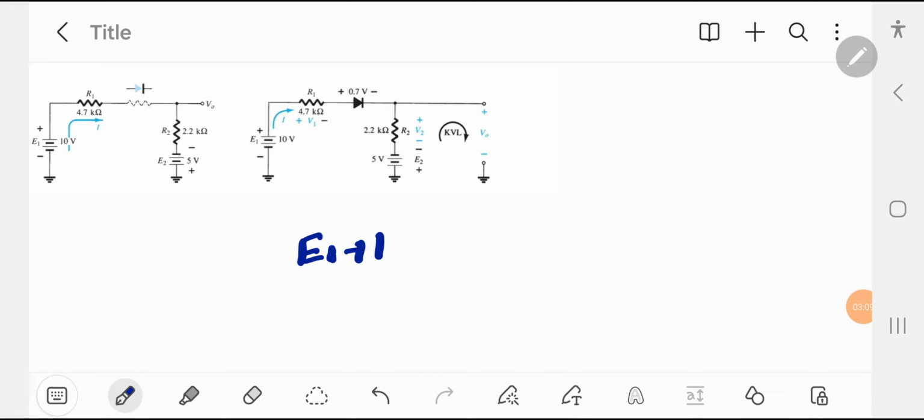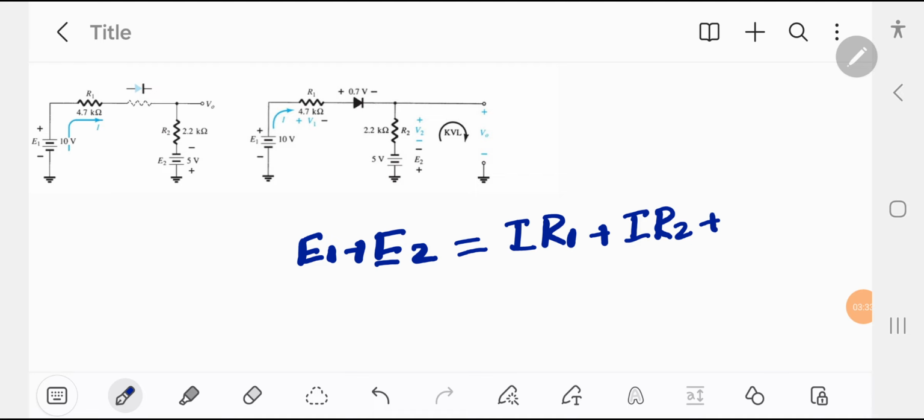So if we apply Kirchhoff voltage law, what will happen? E1 plus E2 is actually equal to the voltage drops. I current is flowing inside this loop, so the voltage drop in this circuit is I with R1 and I with R2, and VD, the voltage drop across a diode.